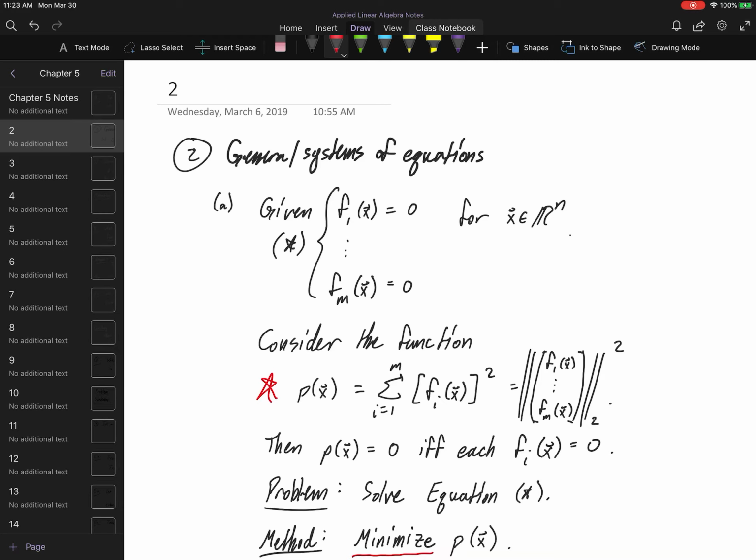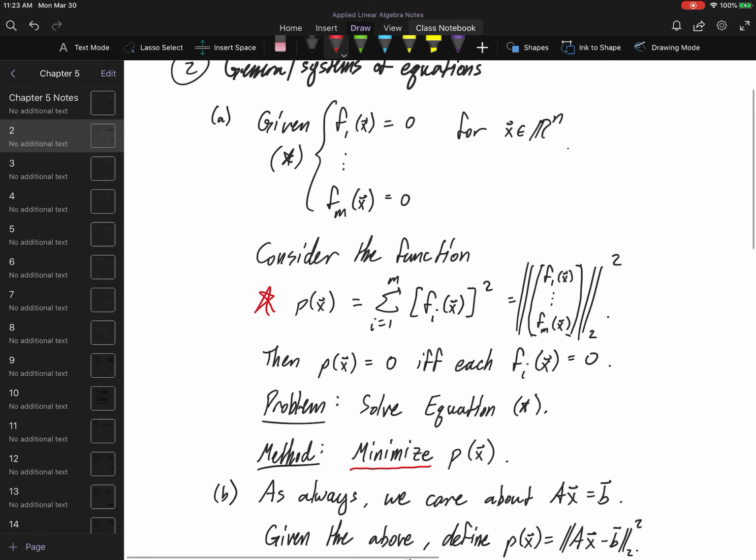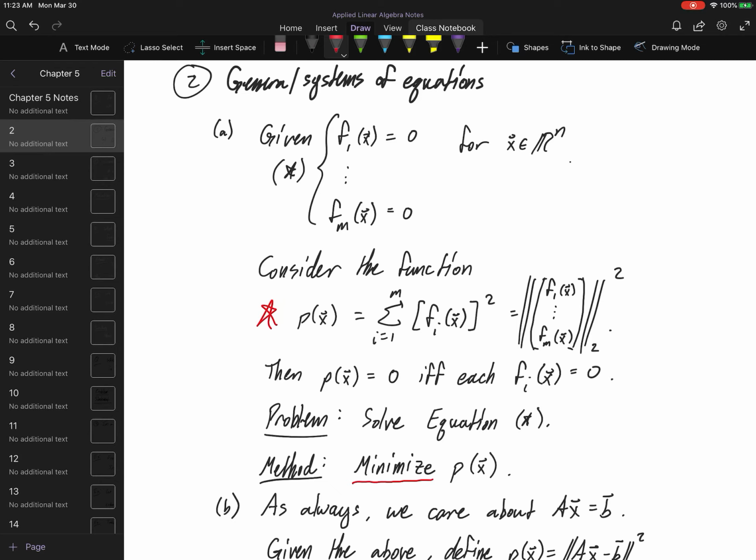Then if we were to determine where p of x is equal to 0, that would mean, by the fact that we're using a bona fide norm, that if I hit the 0 vector here, I have definitely minimized this function, and in fact, I have solved the original system of equations upstairs. So in other words, I would like to minimize p of x.